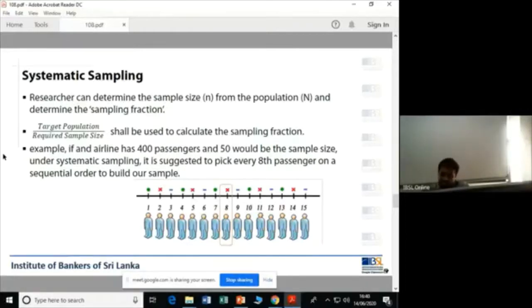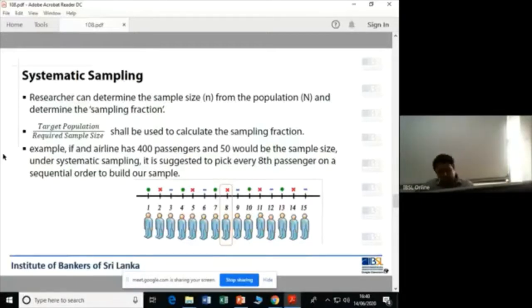But instead, if you could recall, we used a technique to minimize that problem, right? We put them in a row from 1 to 75, and for that sample of 25 to be selected, I picked every third person from the first point.